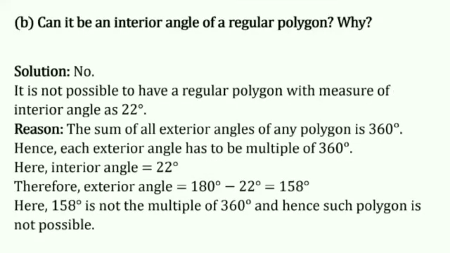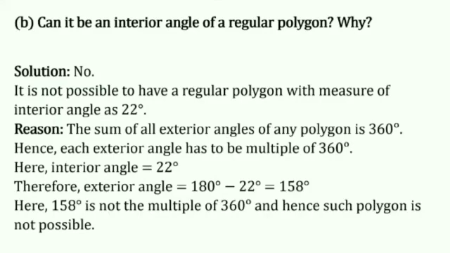Next, can it be an interior angle of a regular polygon? Why? So here they are asking if it is possible that a regular polygon has interior angle of 22 degree. Here also it is not possible because if you subtract 22 from 180, then the difference is 158 degree.